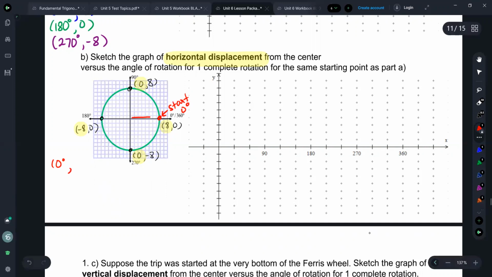Right. We are to the right 8 units. So if we do again 2, 4, 6, 8, we'll graph 0, 8 to start. So that's up here.